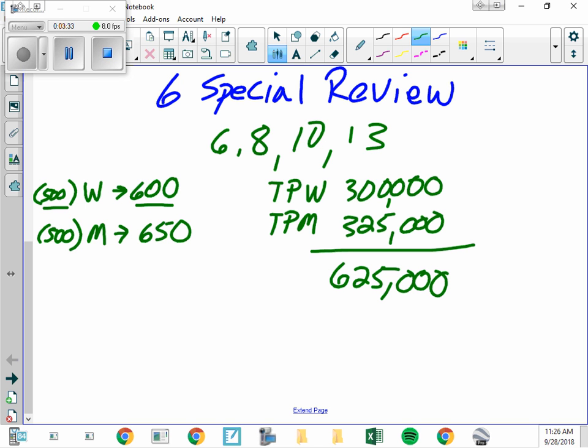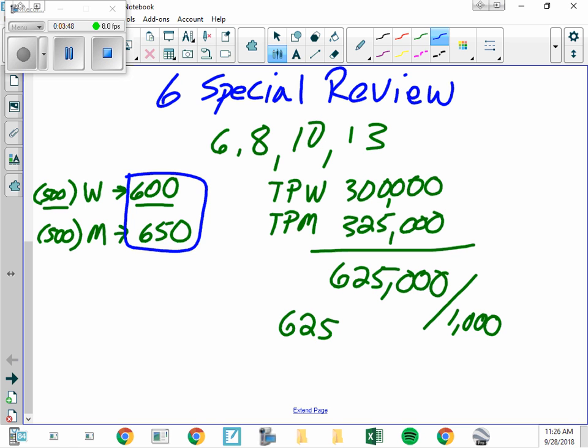How do I find the average? Divide this by 1,000. And I get 625. Now, why am I allowed to take the average there and equal that? Because there are just as many men as there are women.